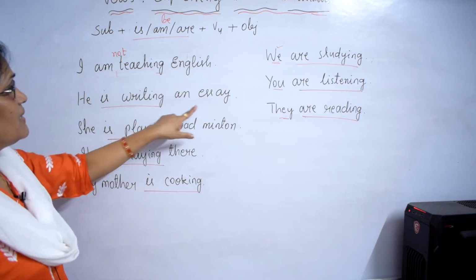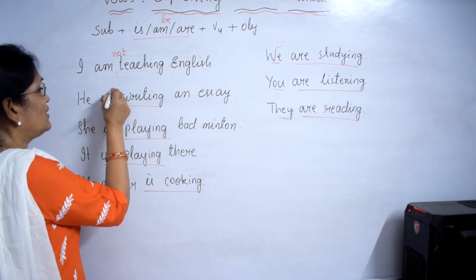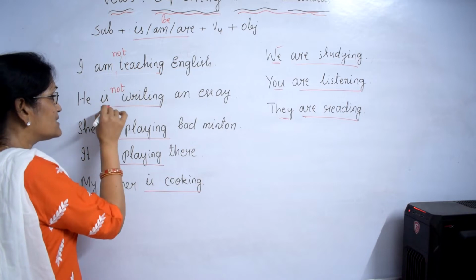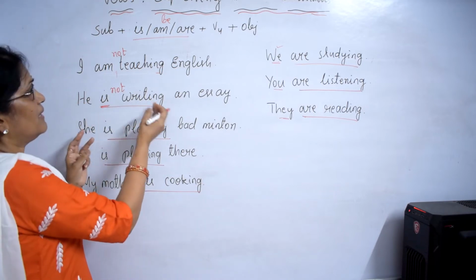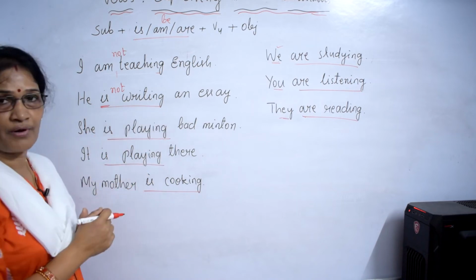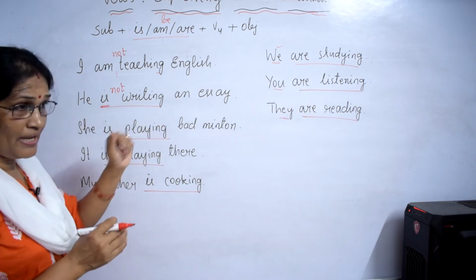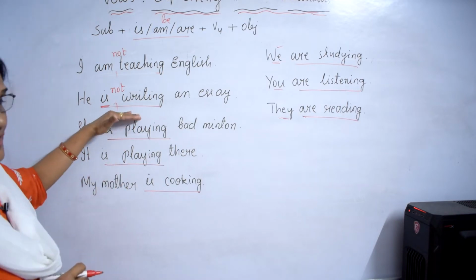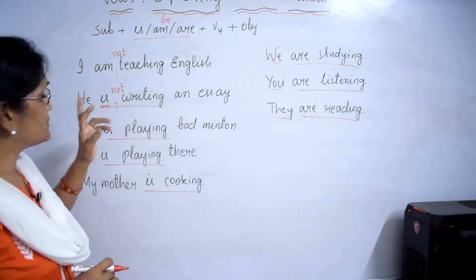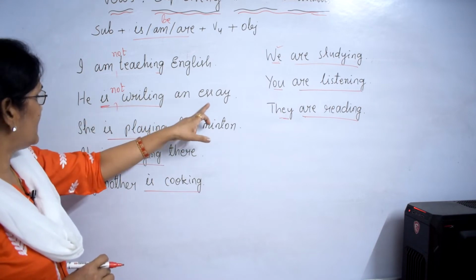He is writing an essay. He is not writing. After the auxiliary verb, after the be verb, in between the be verb and the ing form of the verb, in between the be verb and the main verb, we use not. That is the negative present continuous.